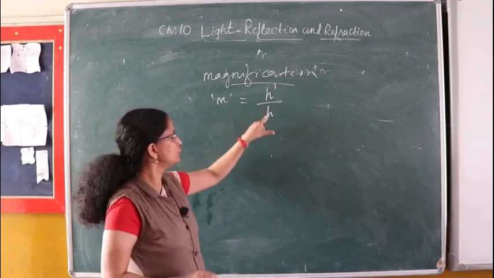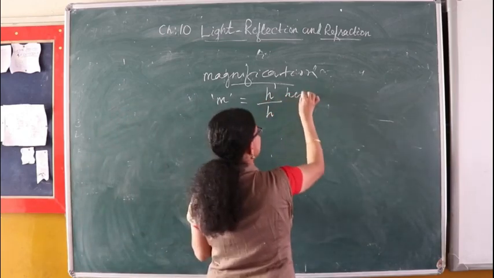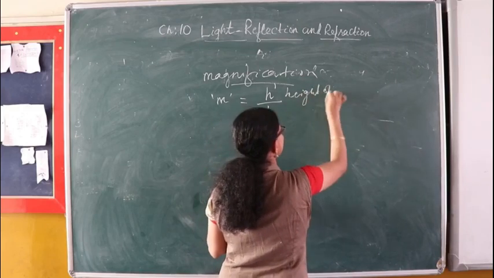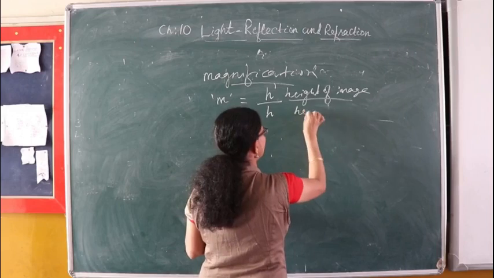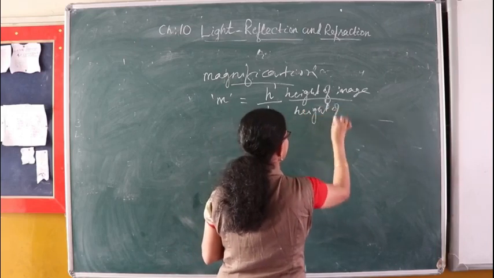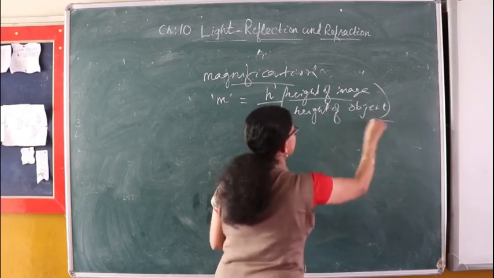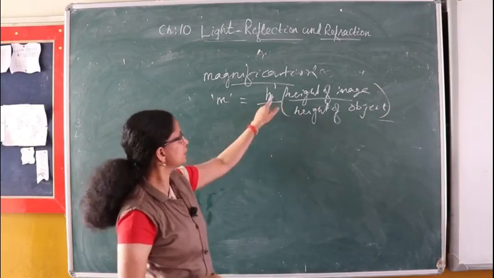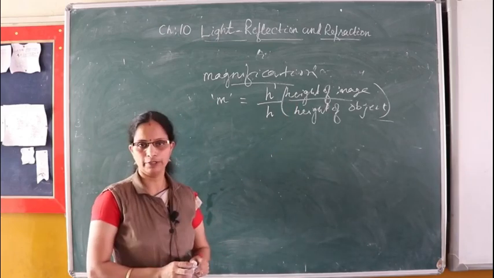If h is the height of the object and h dash is the height of the image, their ratio gives the magnification.